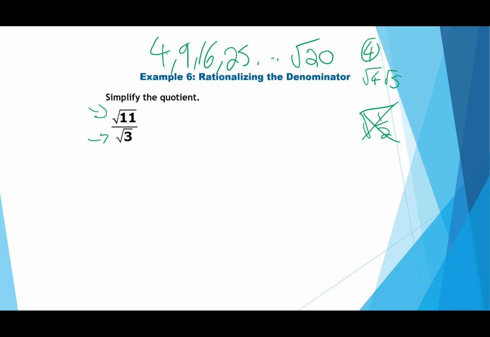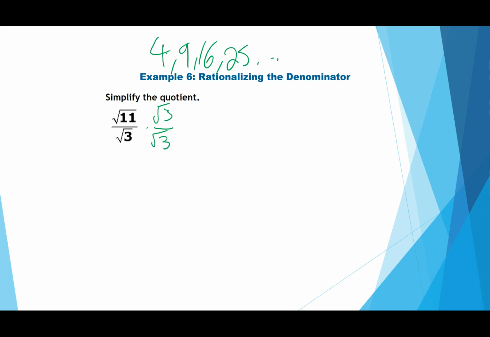You know how when we multiply numbers by 1, it doesn't change? 5 times 1 is still 5. Negative 13x times 1 is still negative 13x. We're going to use that a little bit here, but we're going to tweak it. Here, we're going to multiply by a special version of 1: the square root of 3 over the square root of 3.